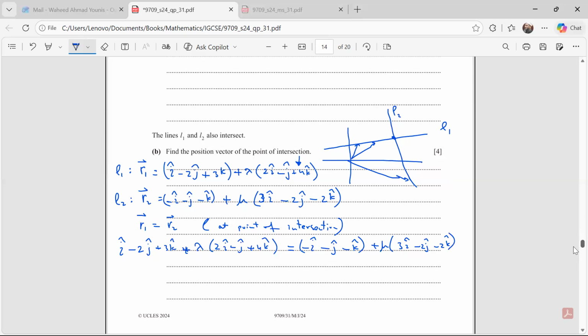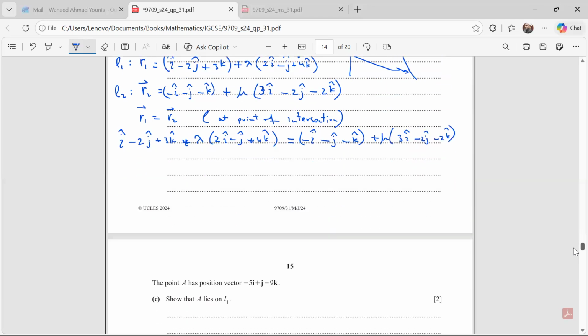Okay, so we need to see for what values of lambda and mu these two expressions are the same.